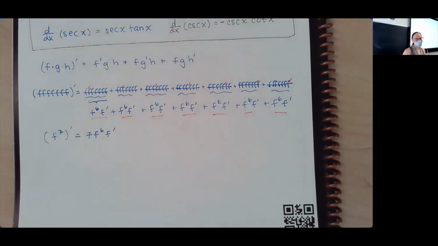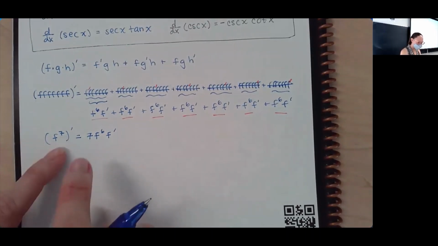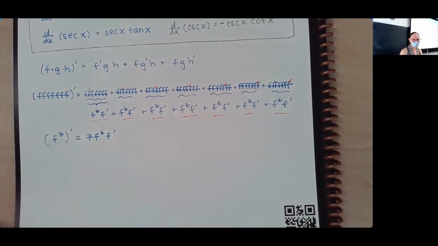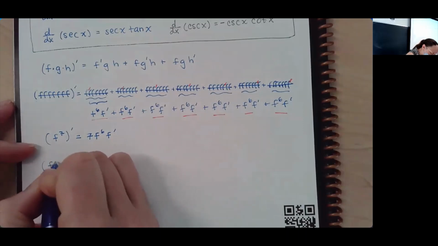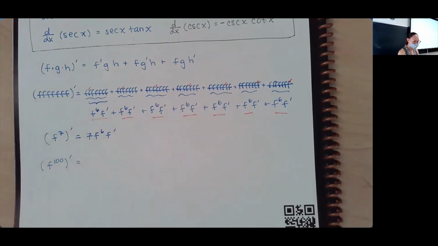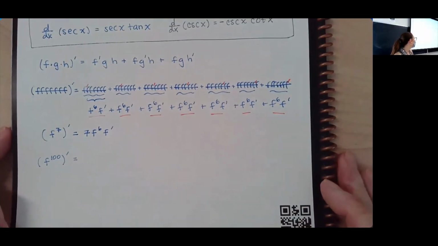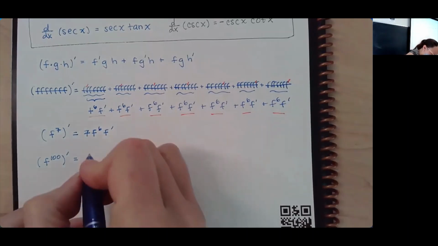And my guess is that your keen powers of observation might lead you to say, oh, hey, there's a way shorter way to get from here to here without writing all that garbage out. So that if I had something that looked like F to the 100 and I took the derivative, I'm not gonna write out 100 of those F's. I'm gonna say, oh, I know there's gonna be 100 sets.